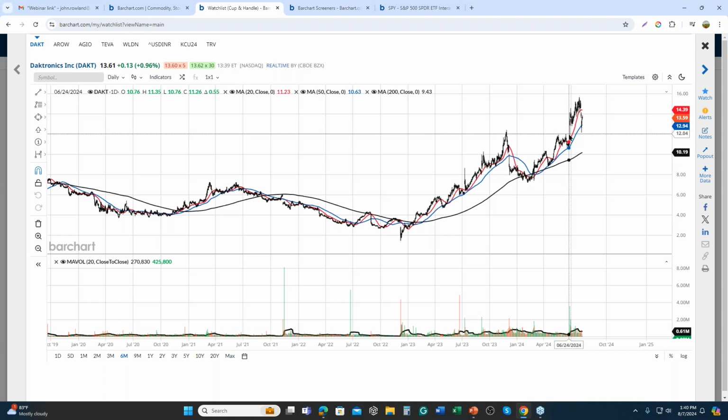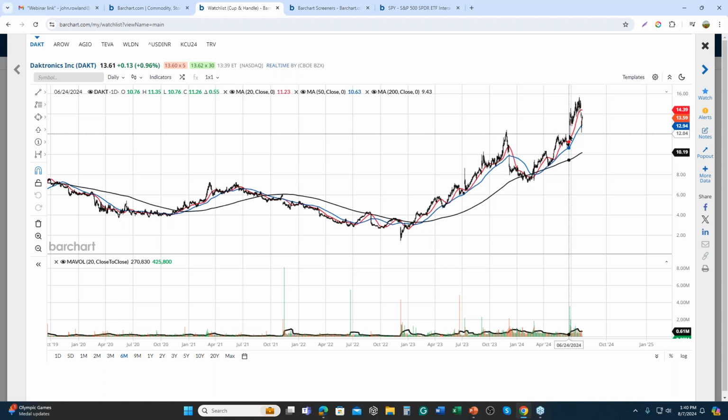But a lot of times what you will see, and this is one of the natures of cup and handles, is that the price doesn't run straight away or continue to go. Remember, this is helping us identify a new uptrend, and new uptrends are a series of higher highs and higher lows.